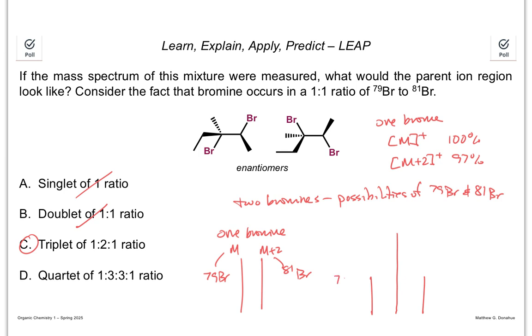So we'll write those down so you can visualize it. So they're both 79, they're both 81. So again, that's how you get twice the intensity.